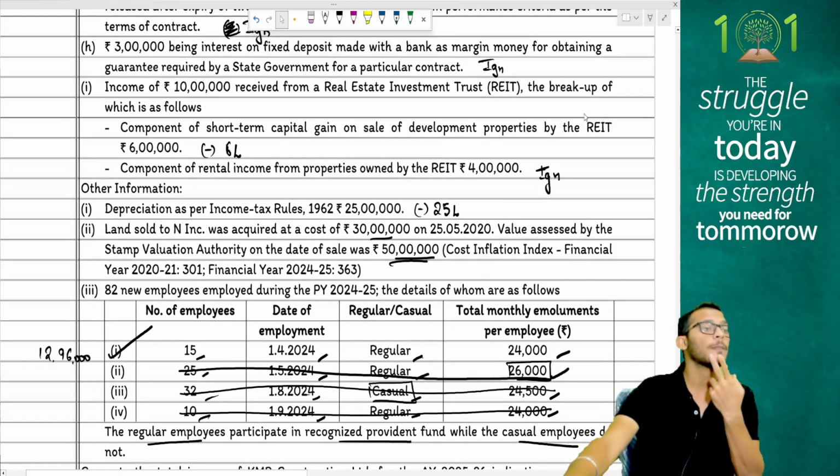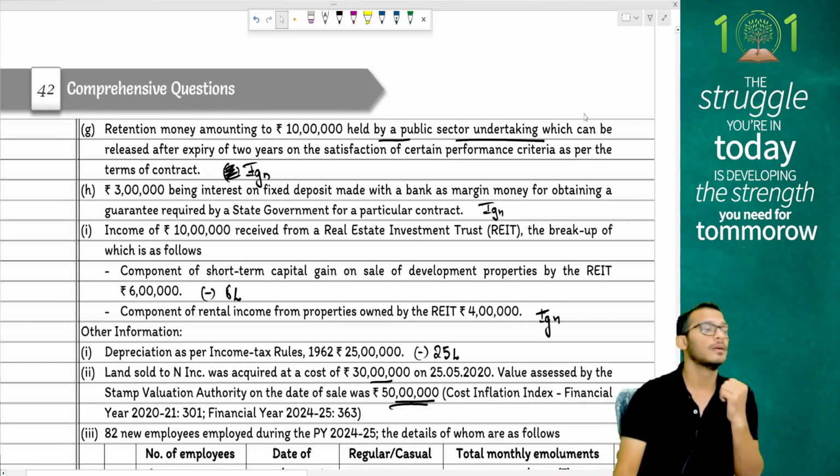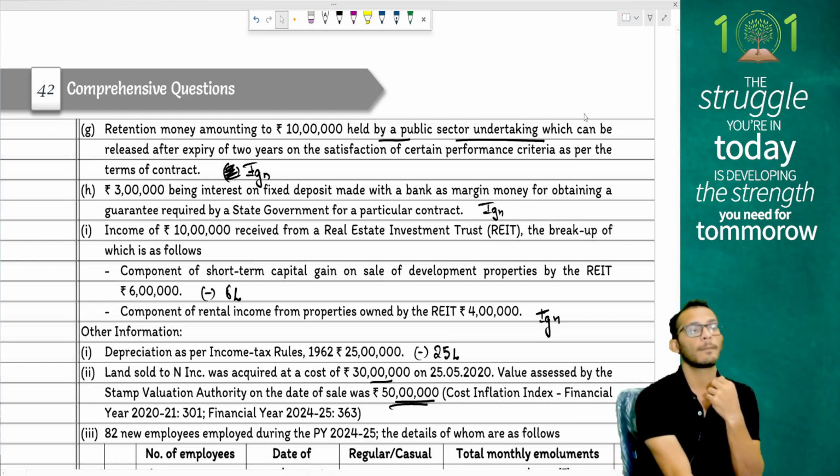Retention money is taxable based on percentage of completion method.